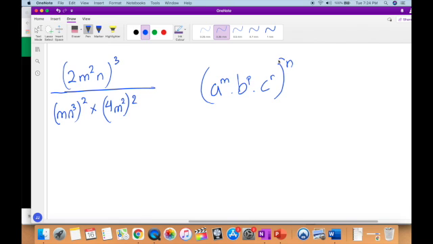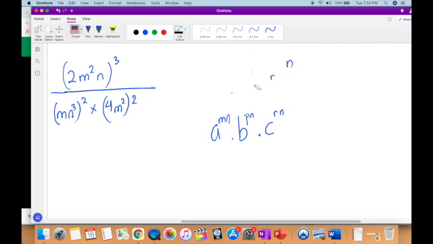Well, you just do the same thing. You multiply the indices. So that'll be a to the mn multiplied by b to the pn multiplied by c to the rn. So when you have a lot of things inside the bracket, you multiply all of the indices. This index is 2, this index is 1, and this index is 1, right?